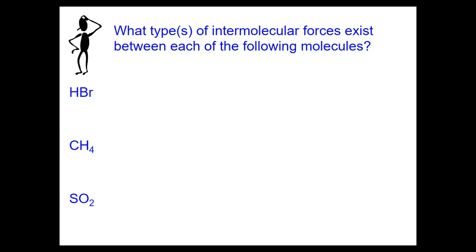If they are polar, then you have the London dispersion force and you have the dipole-dipole force. In order to consider ion-dipole forces, you would have to have two molecules present, one of which is an ionic compound, and the second would have to be a polar compound. In this case, we only see one molecule in each case, so we can't have that ion-dipole force.